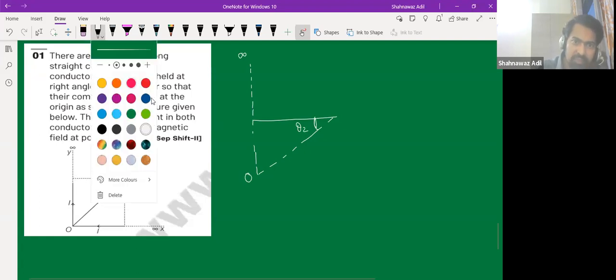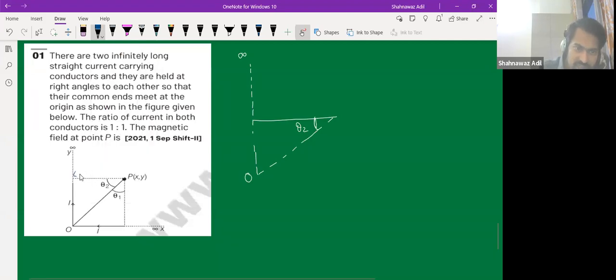Let us calculate part by part. So this distance is how much? This is point x comma y. So this distance is x, this distance is y.